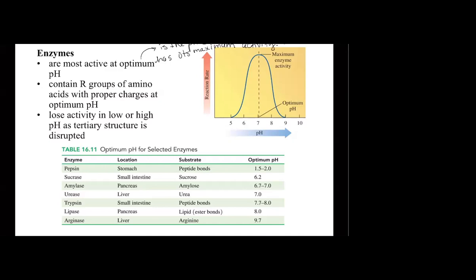The correct terminology for optimum pH has to be based on the location of that enzyme in the body. That's where its optimum pH is. Any questions on the conditions of temperature affecting enzyme activity or pH affecting enzyme activity?